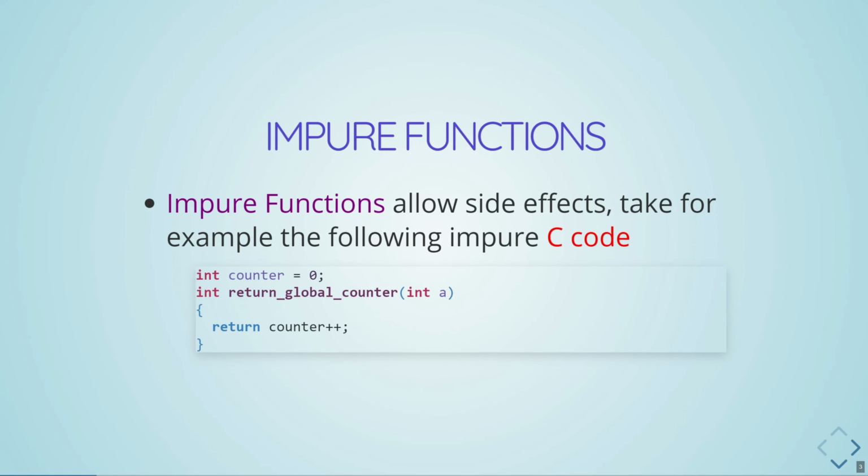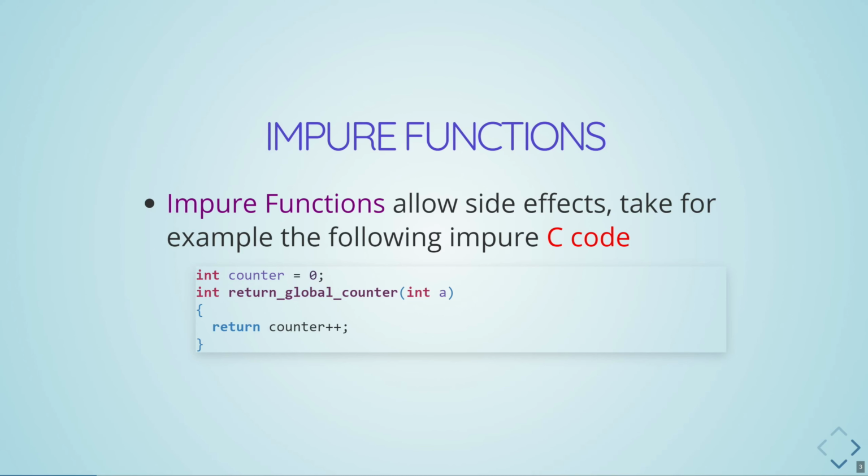A good way to understand pure functions is by looking at the inverse, impure functions. Impure functions allow side effects. Take, for example, this following bit of C code. It has what we call a global variable, counter, meaning that it can be accessed outside of an individual function. It's not inside of this function; it can be accessed by any number of functions.